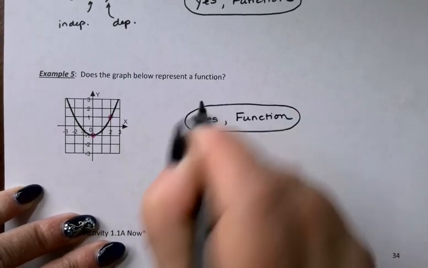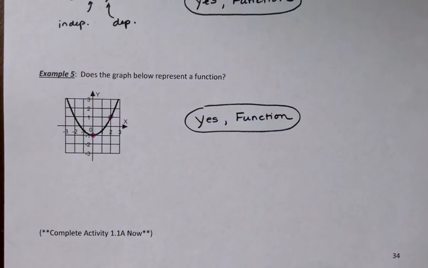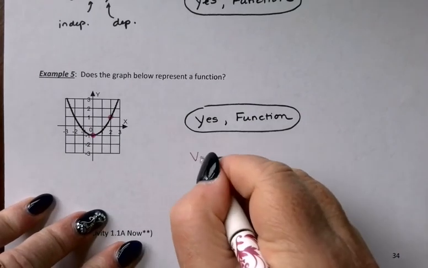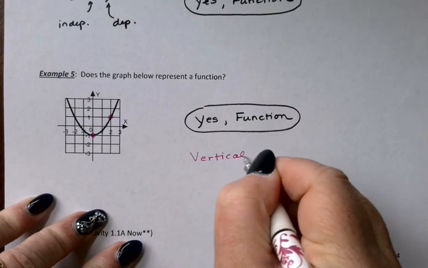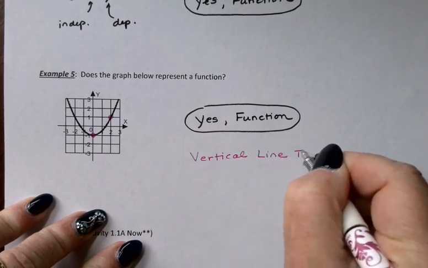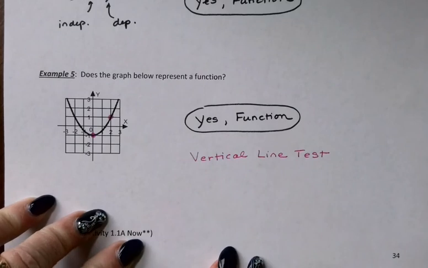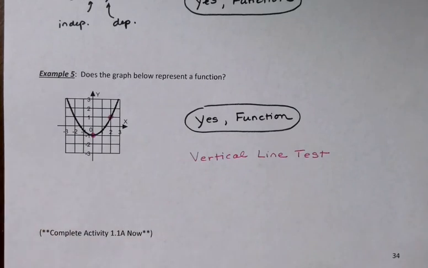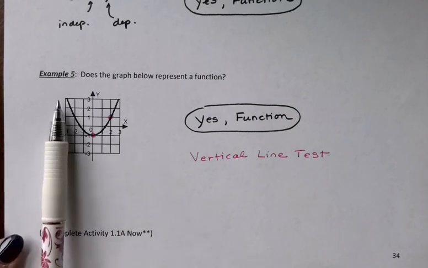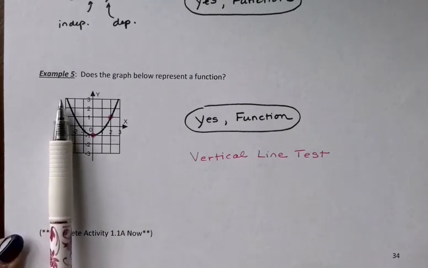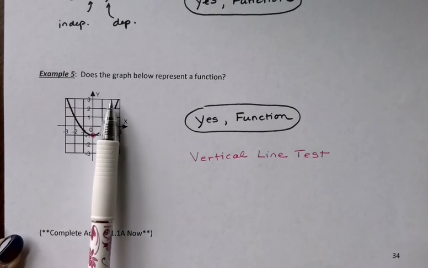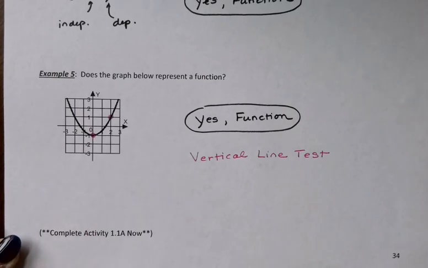You may have been taught in the past that there's a test that you can use to determine whether a graph represents a function. It's called the vertical line test. Basically what it means is that we could take a vertical line and go left to right, pass that vertical line over our graph, and no matter where we stop, we'll always hit just 1 point on the graph at a time.